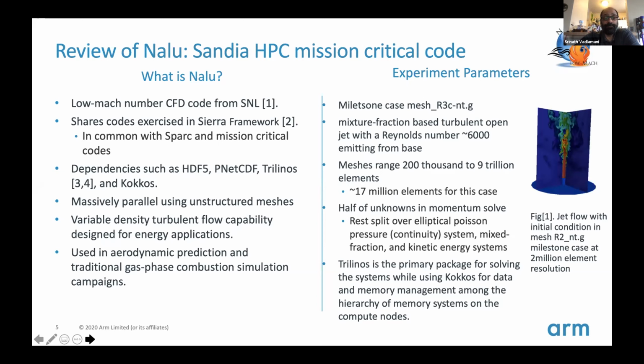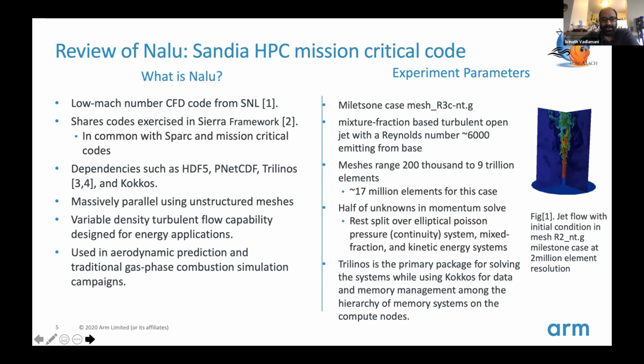The dependencies of HDF5, PNetCDF, Trilinos, Kokkos, these packages that I'm speaking of actually have to be built on the different platforms in as much of a similar fashion as possible. Thus, using Spack allows for that to happen almost seamlessly.